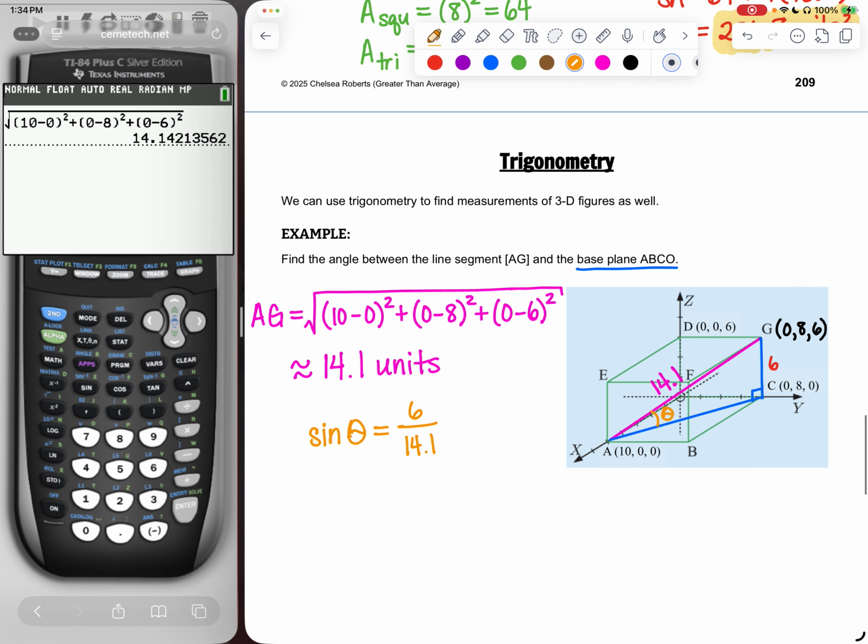All right. So if I take the inverse, I know that theta is going to be equal to the sine inverse of 6 over 14.1.